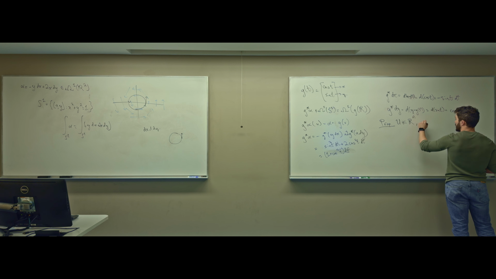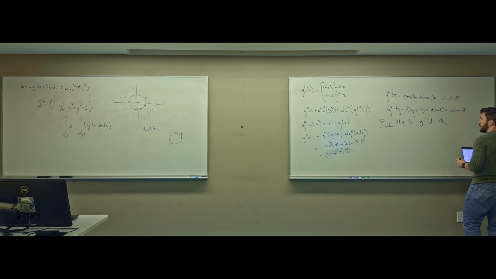And let G be a function from U to Rn, which is smooth. And it has to be a one-to-one map, and it has to satisfy the following condition. The determinant of the Jacobian of G must be nonzero everywhere except on a measure 0 set. But these are just technical things. In practice, you just compute the thing, and it is easy. Basically, if you take a parameterization of a submanifold of Rn, that's G. And it should be a full dimension submanifold.